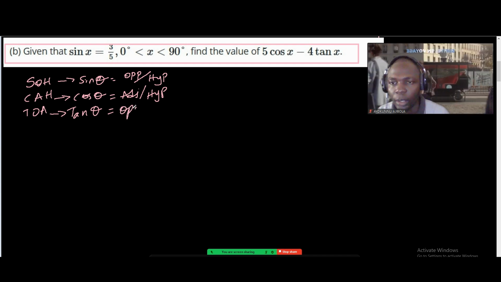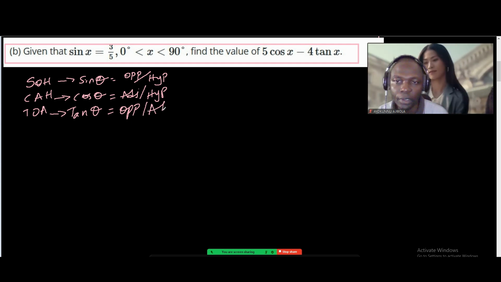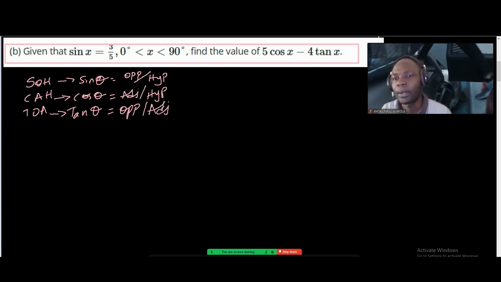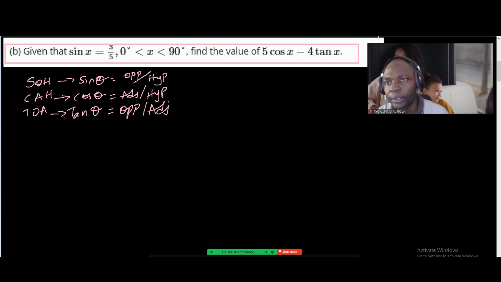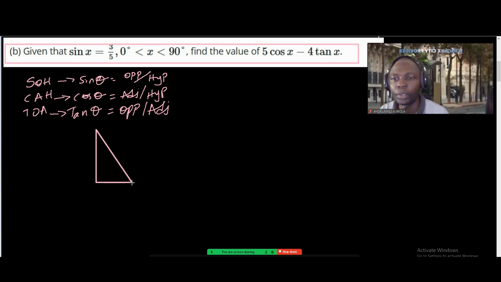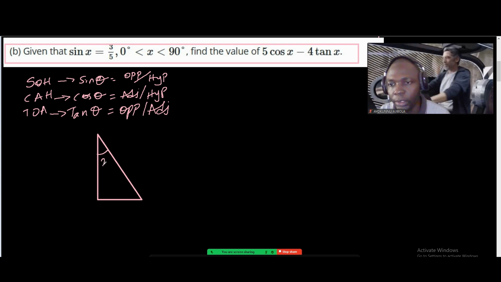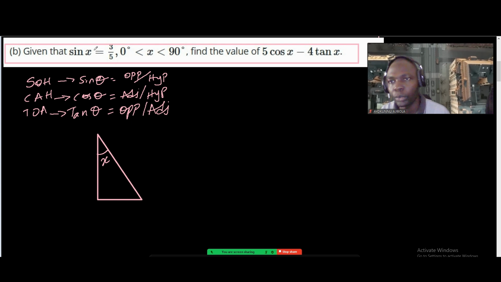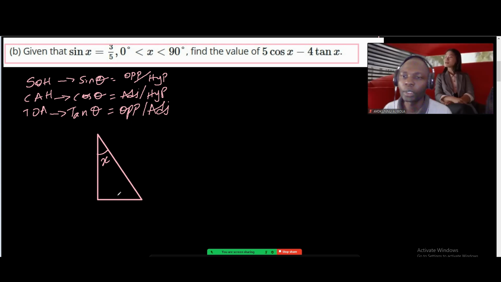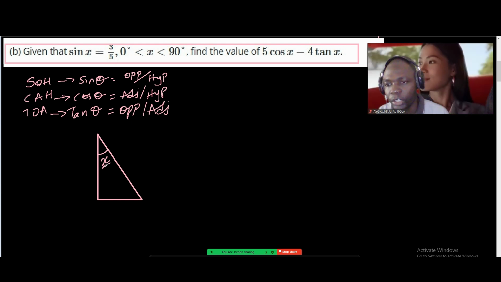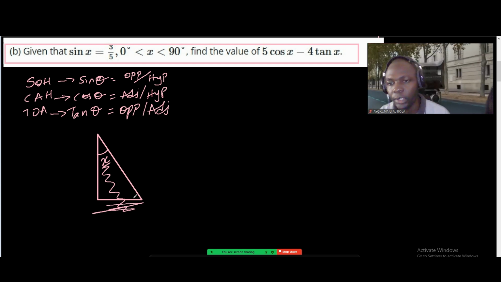Now, having said that, we need a right angle triangle, something like this, where we identify where our theta should be. In this case, we label it x because it's x we're given in the question as sine x. Now, the opposite of this x is this line that is facing it here.